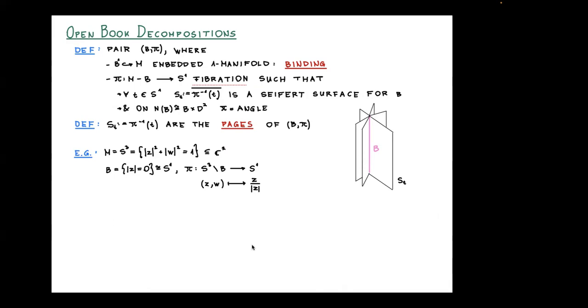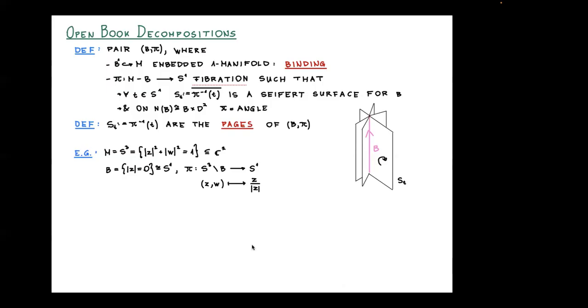And then there's a secret orientation in the statement too, because the Seifert surface has B as an oriented boundary. So if B is oriented this way, and the pages are all oriented so that B is the oriented boundary of them.